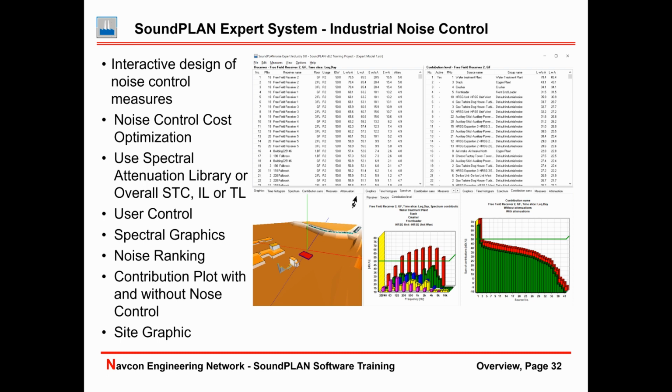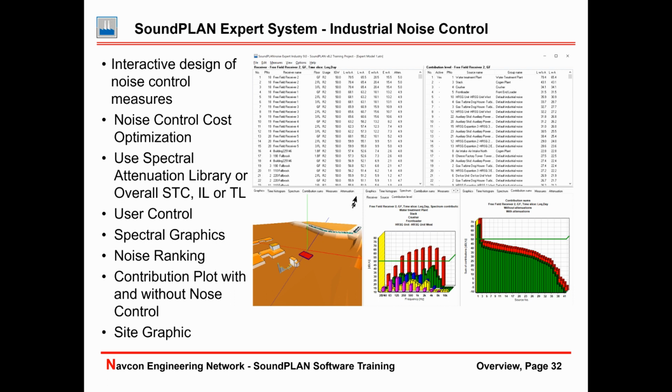In terms of optimization programs, we can have the program optimize. For example, the expert system will save for every receiver the contribution for all of the different sources. We can organize it by groups of sources too, where we apply noise mitigation for the entire group or noise mitigation for individual sources.